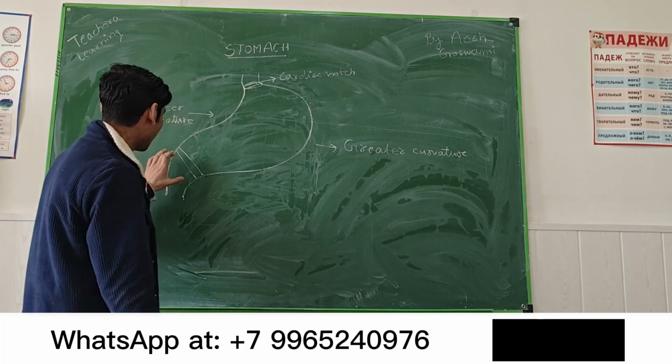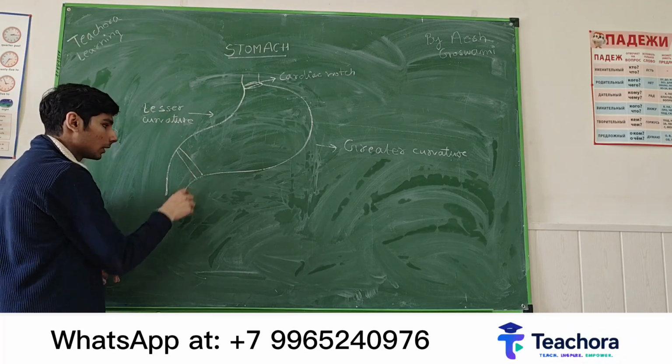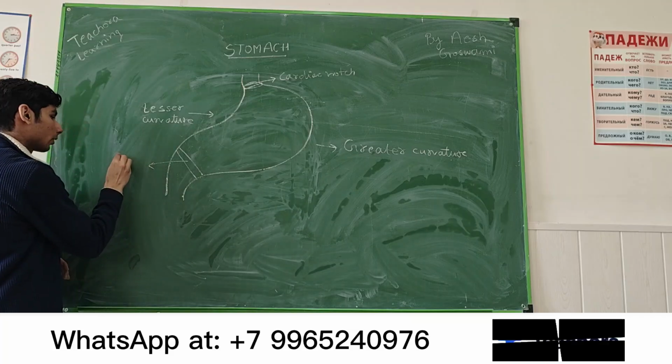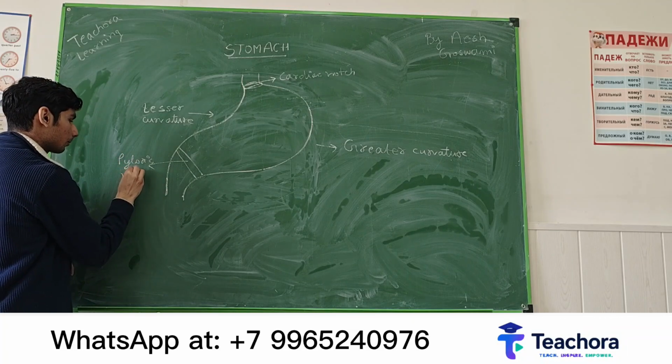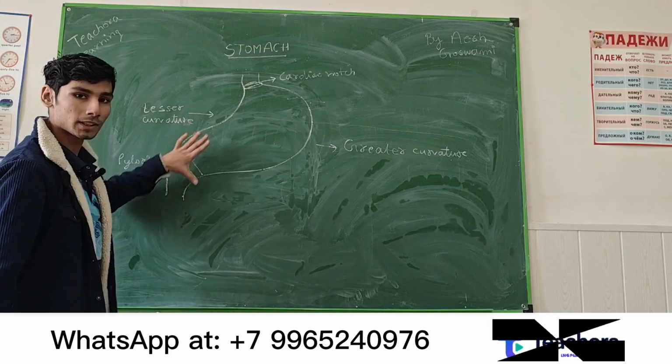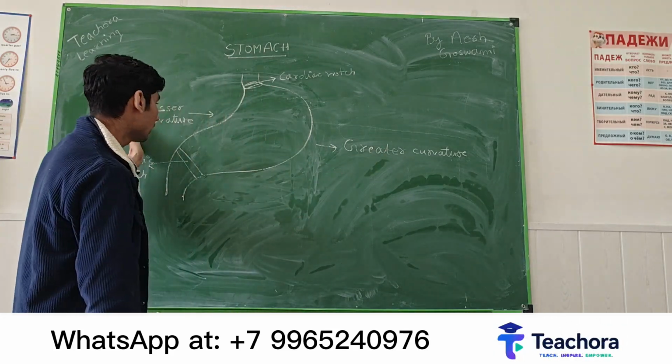And this one where the duodenum connects with the stomach is called the pyloric notch. So two notches are there, cardiac notch and pyloric notch, and two curvatures, greater curvature and lesser curvature.